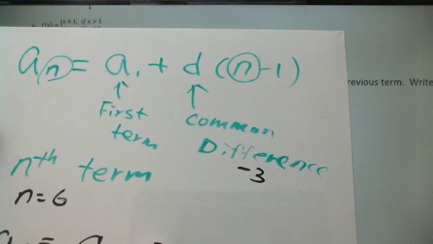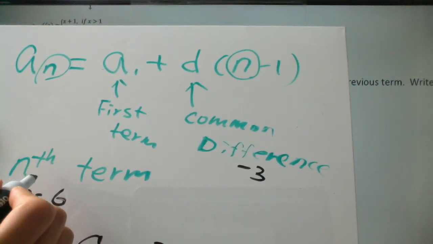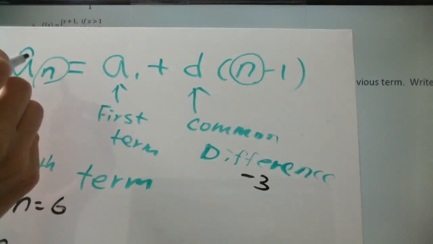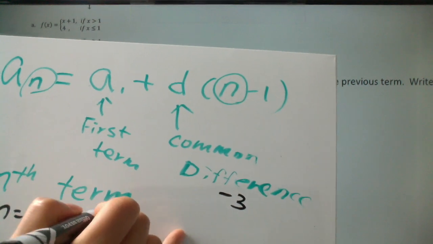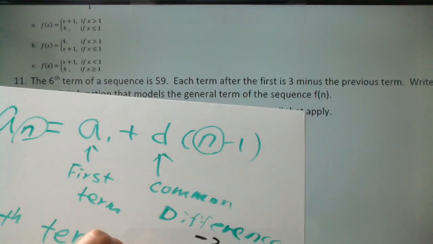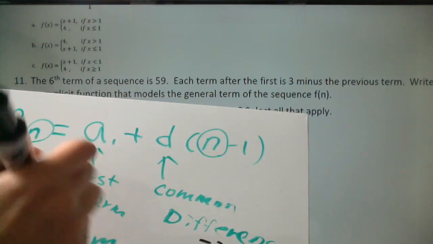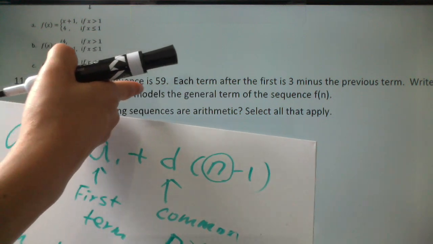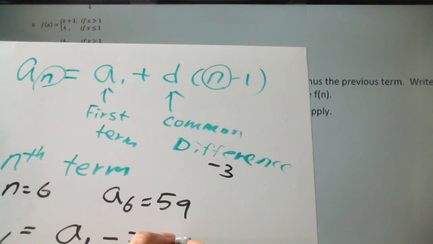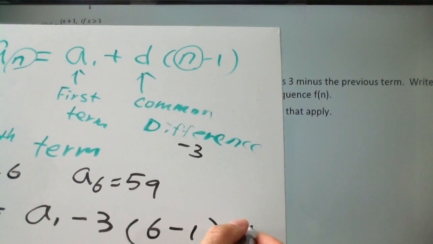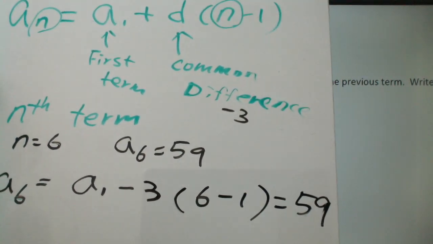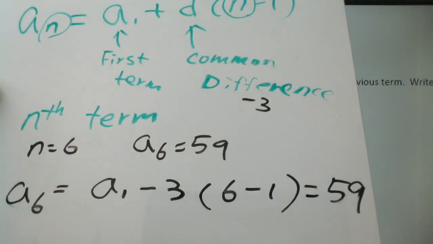So -3. n is 6 because we are looking for the sixth term that's given in the question. Because A6 was 59. It says right here, the sixth term of the sequence is 59. So I will say A1 plus (6 minus 1) times -3 is 59. Because it's given in the question.